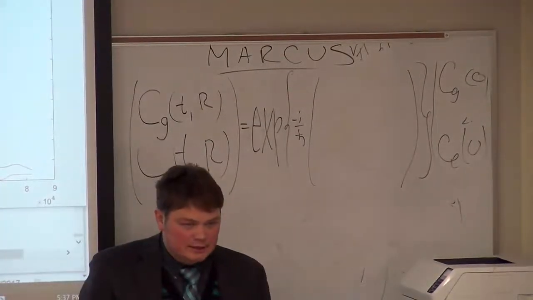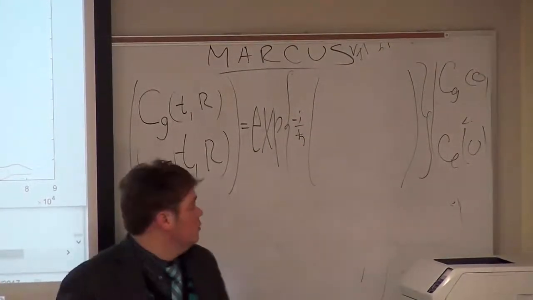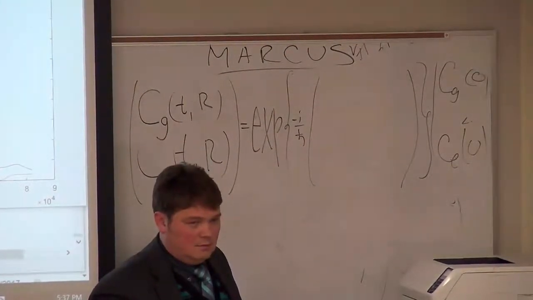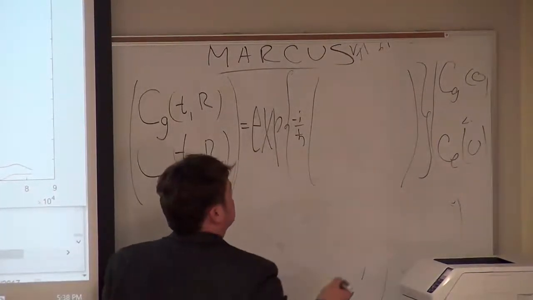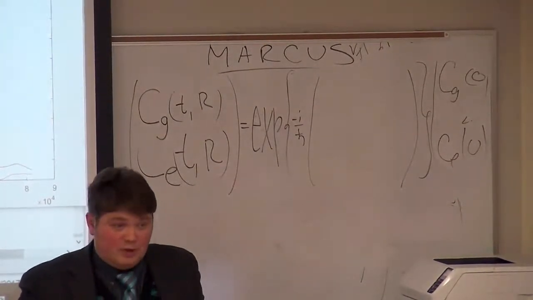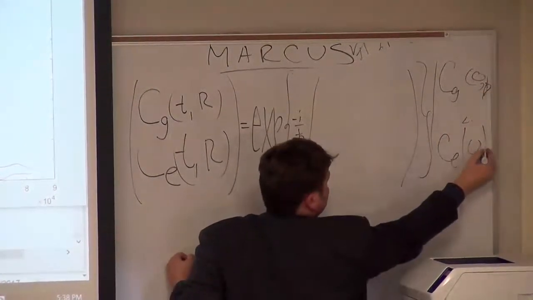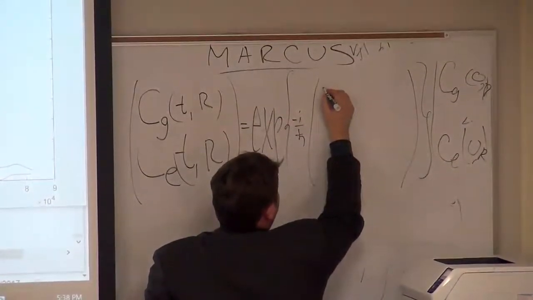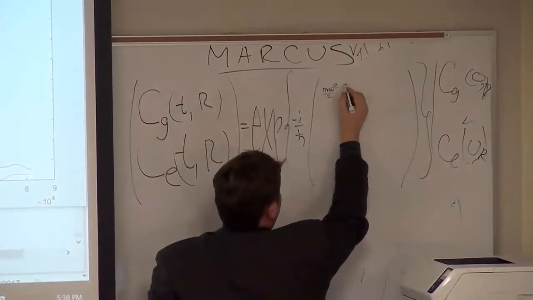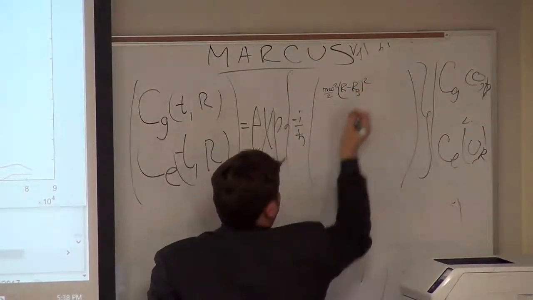Can we explicitly write down the dependence of the Hamiltonian on the position? Yes, it's just parabolic. So it will be m omega squared over 2 times r minus r ground squared.